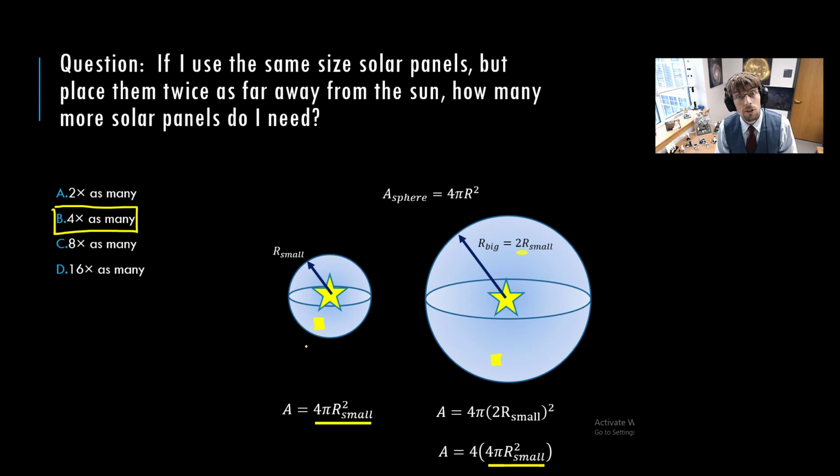On the large sphere, I need 4 times as many solar panels, which means each solar panel on the large sphere must collect 1/4 of the light that the solar panel does on the small sphere, right? Same amount of light. I have 4 times as many solar panels. Thus, each solar panel must collect 1/4 the amount of light.